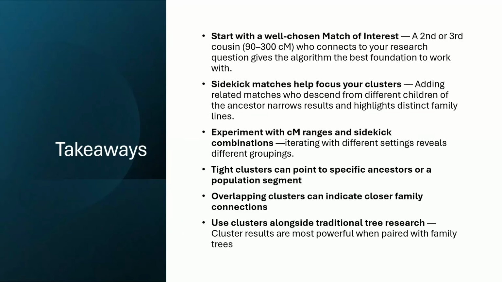And so with the tight clusters or the loose clusters, what I've noticed is that the further back you go in the tree and try to get matches that share less DNA into clusters, you're going to see more loose or sparsely connected clusters where not everyone is matching everyone else in the cluster.